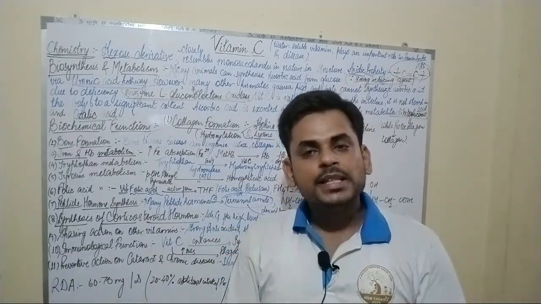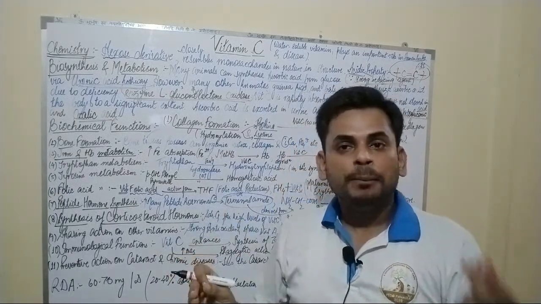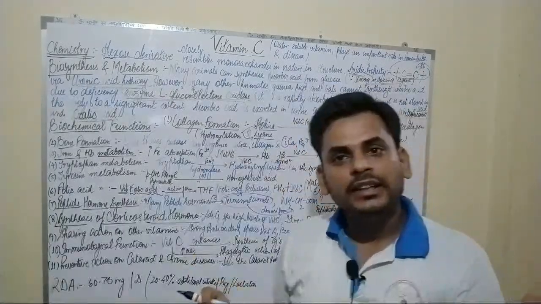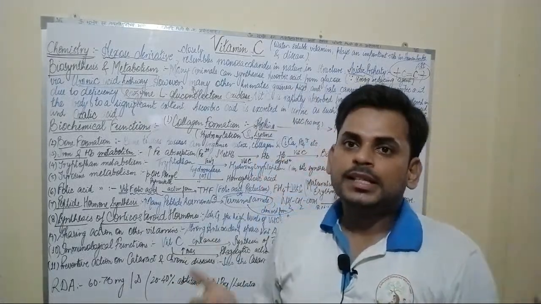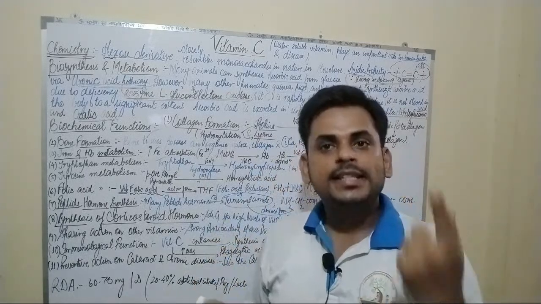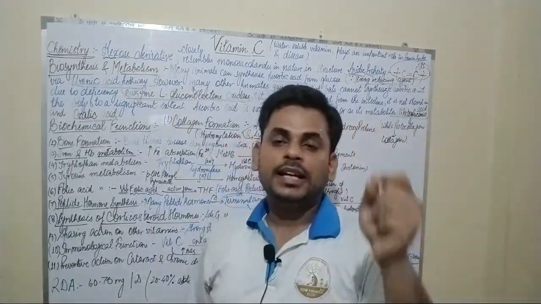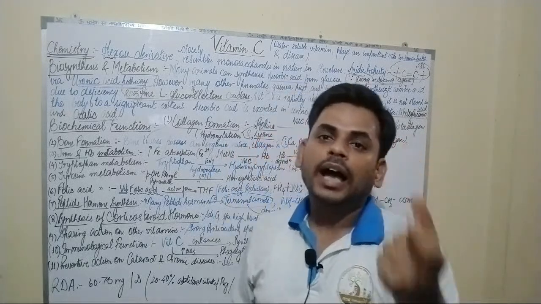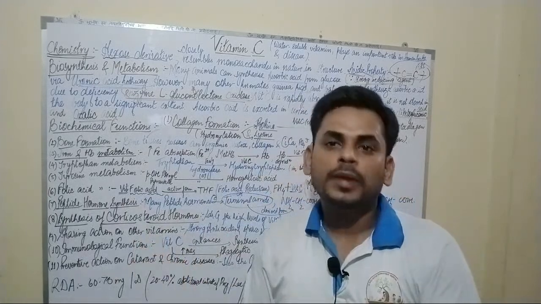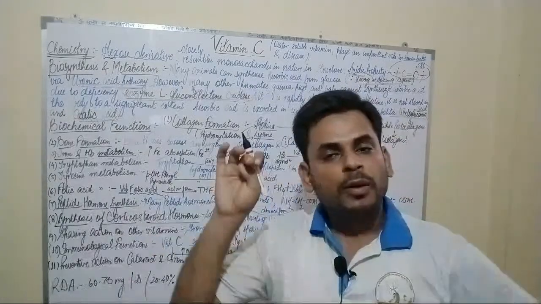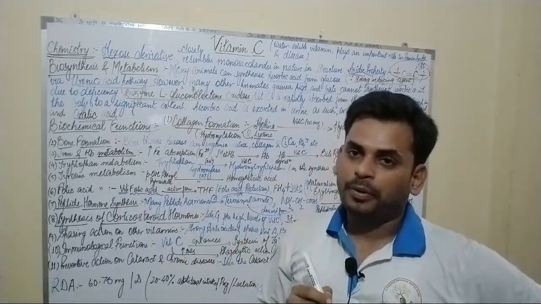Vitamin C enhances the intestinal absorption of iron by keeping the iron present in the ferrous form. For intestinal absorption, the iron must be present in the ferrous form. If it is in the ferric form, it won't be absorbed. So for maintaining iron in the ferrous form, vitamin C is very important.